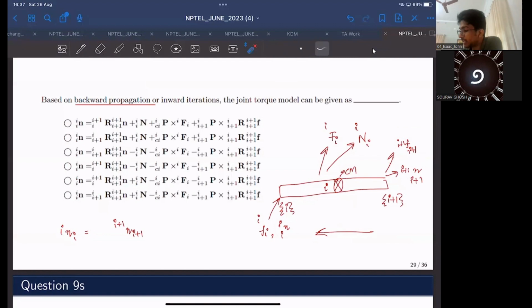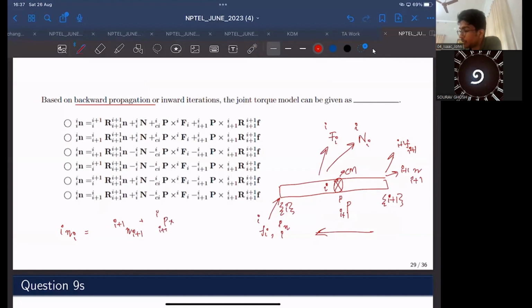That would be this distance cross this force. So this distance would be, as per our convention, T i plus 1 with respect to I. So we have T i plus 1 with respect to I.